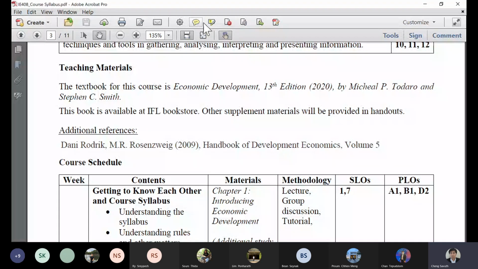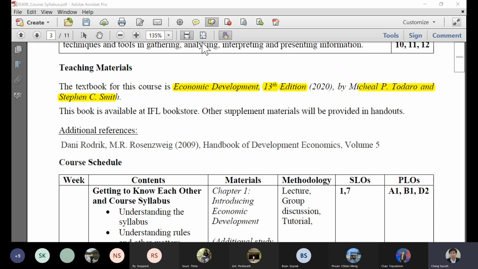So this is the book that we will use. It's by Michael Todaro and Stephen Smith, and the title of the book is Development Economics. We use the latest edition, published in 2020. I think it's the latest by the author in the last two years.